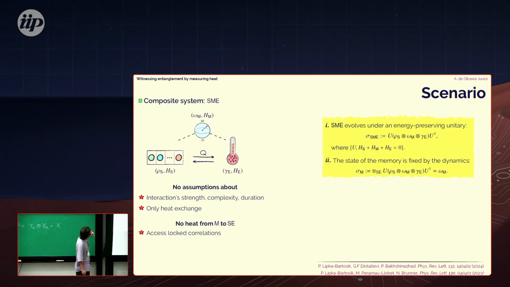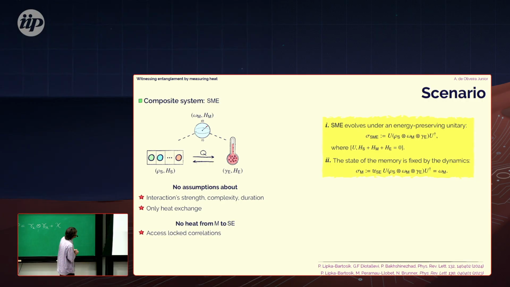The idea is that we couple these three subsystems with an energy-preserving unitary and allow them to evolve. I make no assumptions about the interaction strength, the complexity, or the duration, and since I don't have an external agent, I'm not injecting or extracting energy. The only energy exchanged between system, memory, and bath will be accounted for as heat.